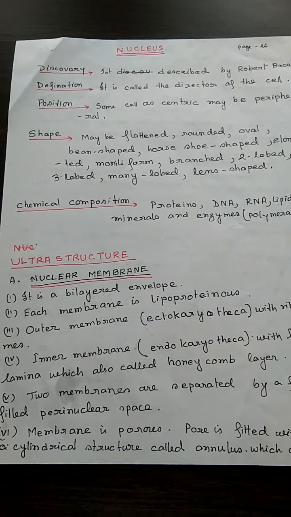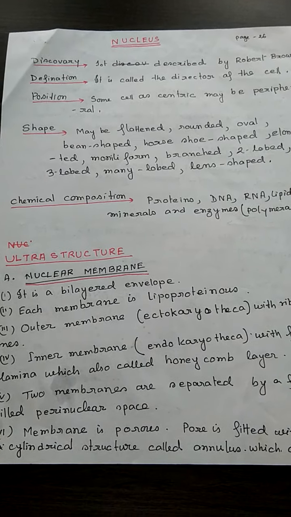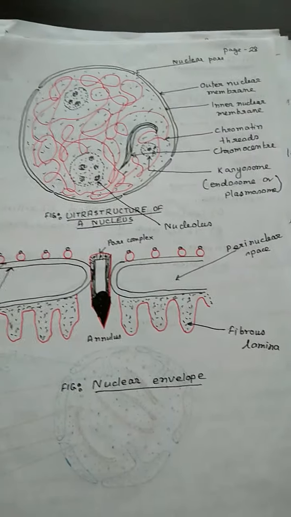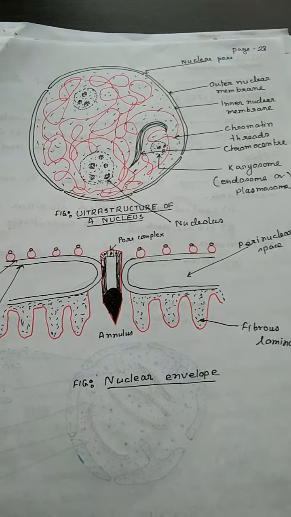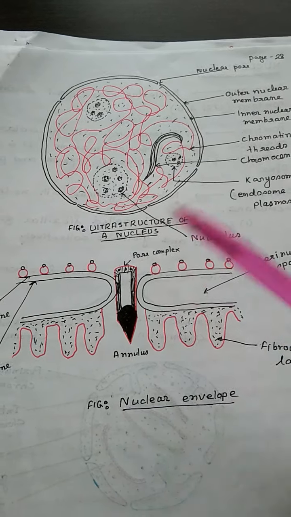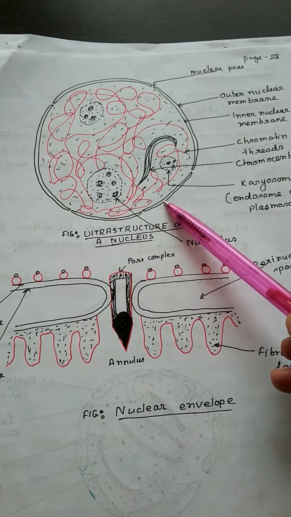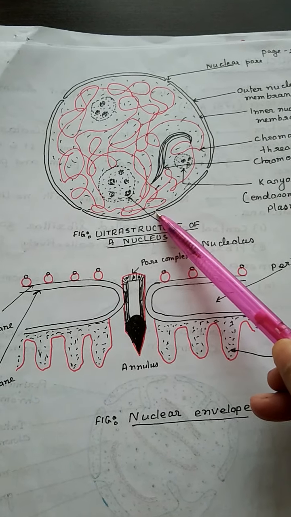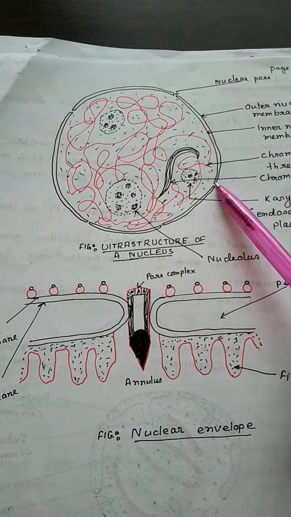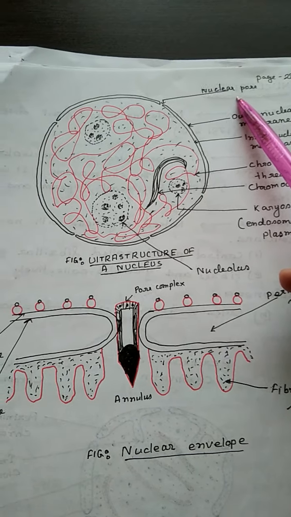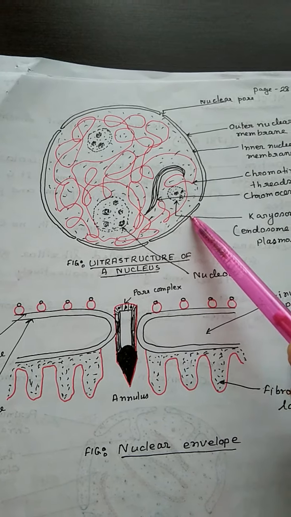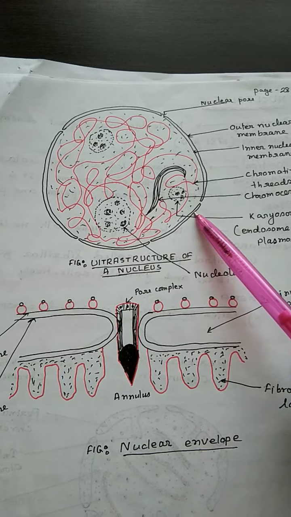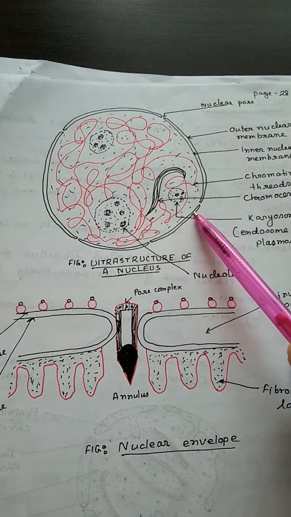Now the most important one is the ultrastructure of the nucleus. You just see the structure of the nucleus. It is bilayered, two layers are present. In between them, pores are present, which are known as nuclear pores, and these two bilayers are lipoproteinous in nature.